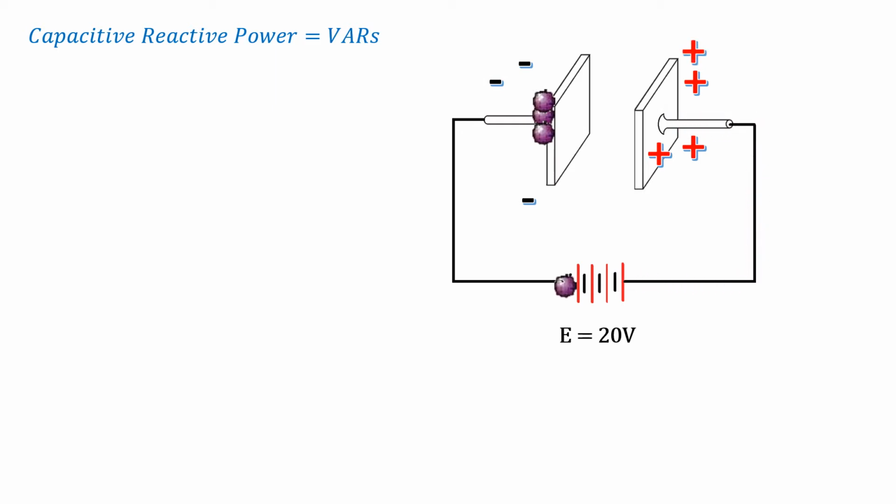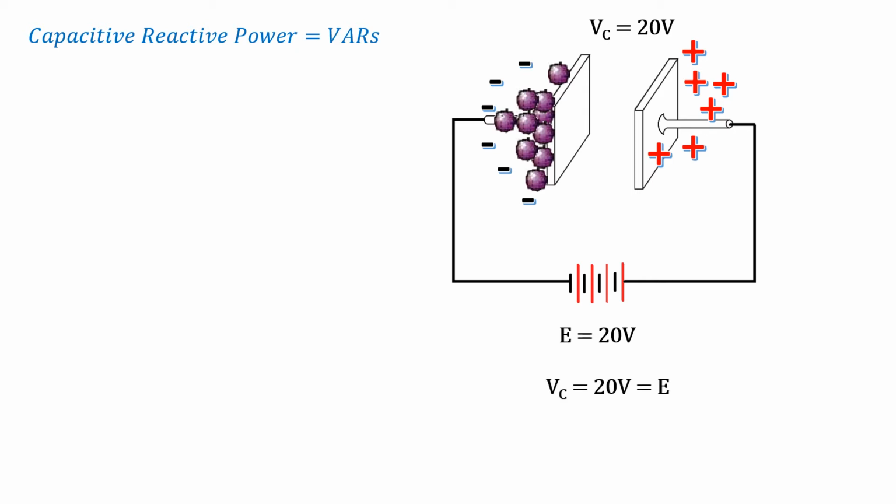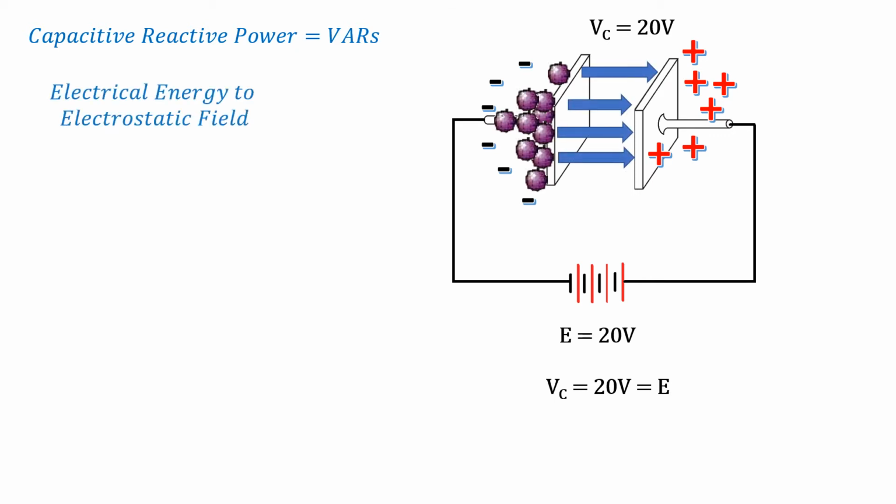And this process will keep happening until the voltage at the capacitor matches the voltage or charge of the battery. The negative electrons on our one plate are attracted to the positive ions of the other plate. And again, this charge will match our battery charge until Vc equals E. The electrons are attracted to the positive ions on the other plate.